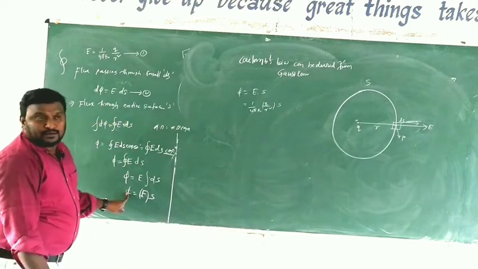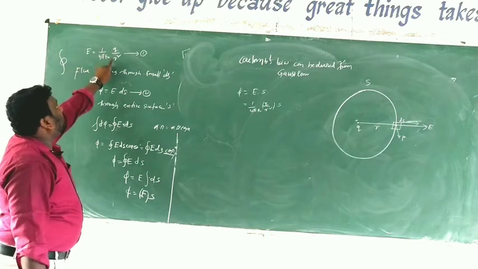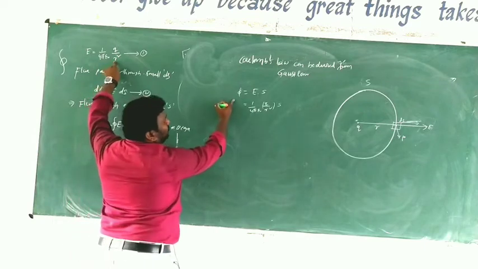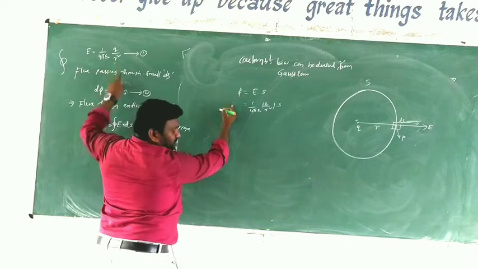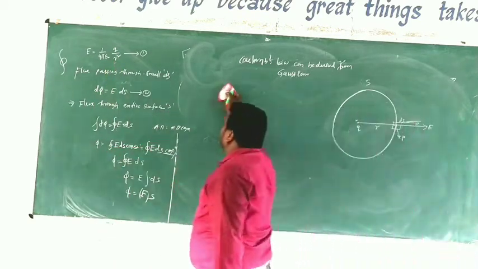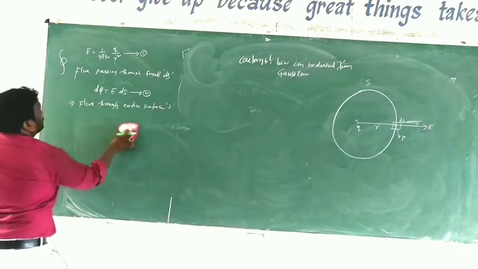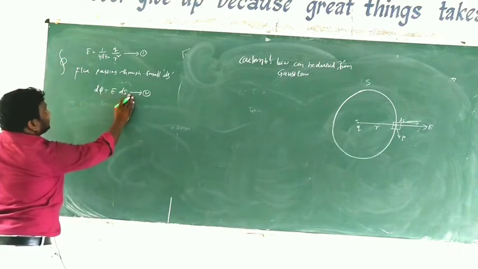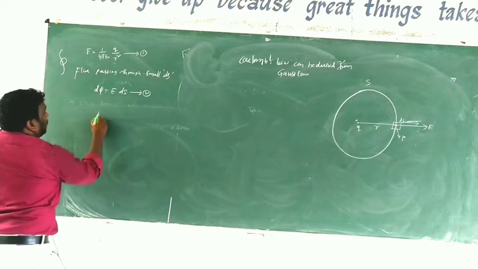Clear? So in this case I am writing phi is equal to 1 by 4 pi epsilon naught q by r square. Clear, children? So what is the phi value? See again. d phi is equal to E into ds. Then after integrating, what do you get?